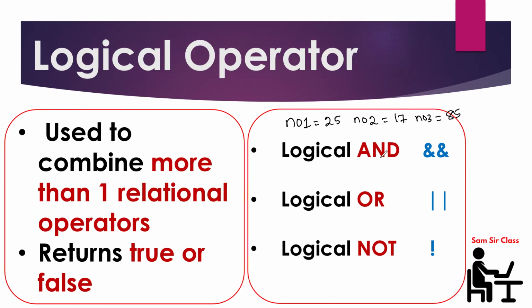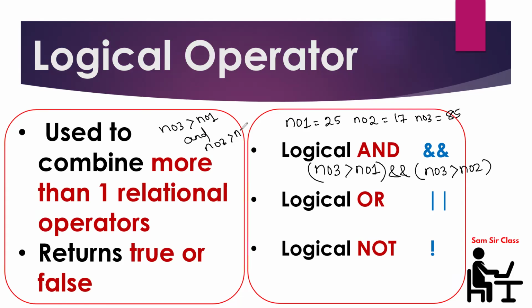But if I apply the logical AND operator, I'll write number 3 greater than number 1 and number 3 greater than number 2. In simple English, if someone asks how I know number 3 is greater, I would describe that number 3 is greater than number 1 and number 3 is greater than number 2.